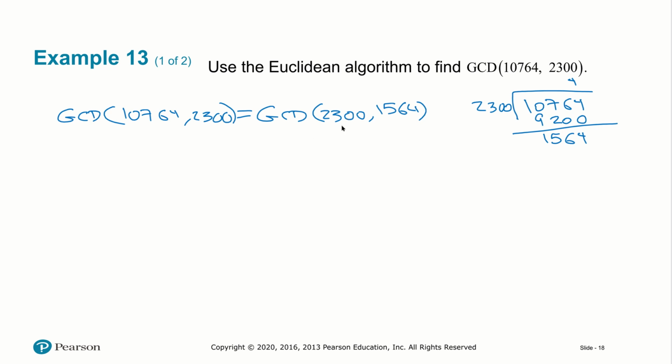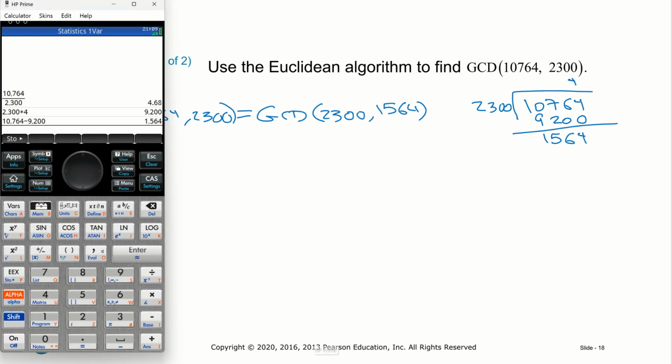So now we're going to apply the algorithm to these two numbers. So again, we're going to do what? We're going to divide 2,300 by 1,564. So we get 1 and some change.